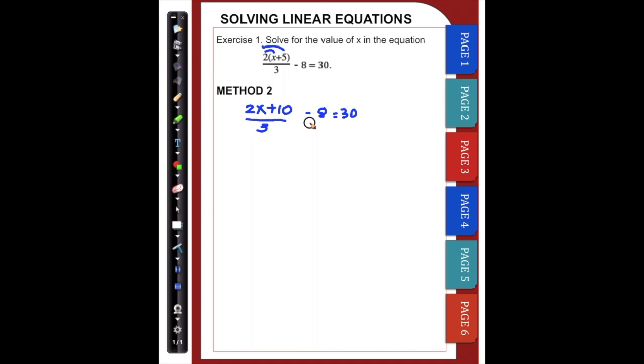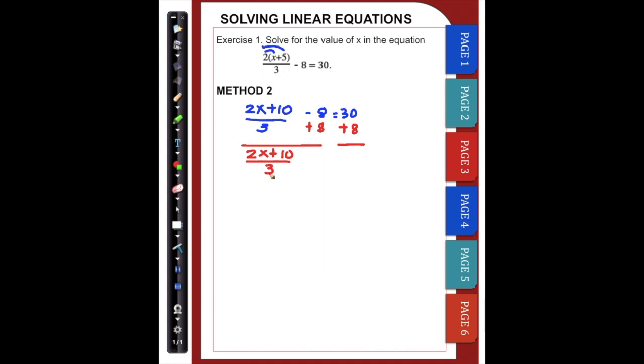So let's add 8 to both sides of the equation. Let's cancel minus 8 and plus 8, and we should get 38. So 2x plus 10 over 3 is equal to 38.